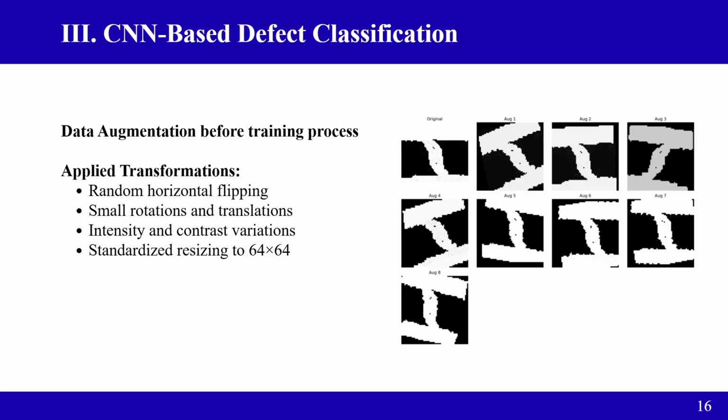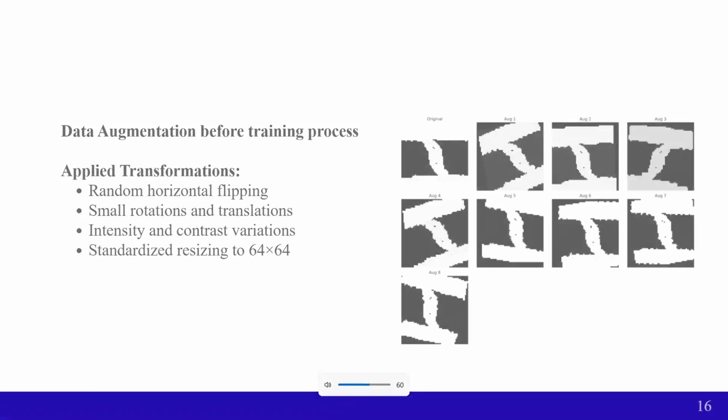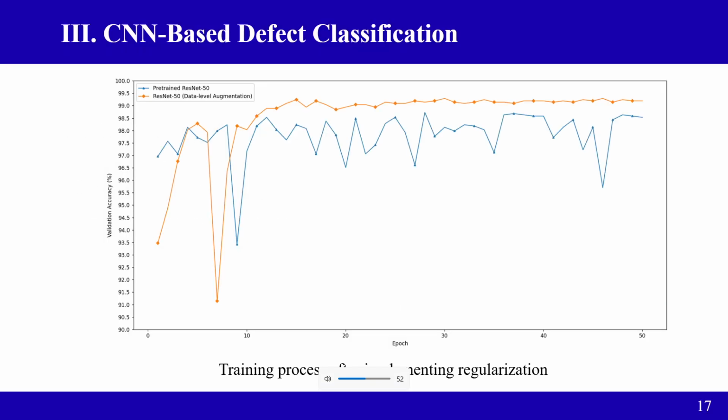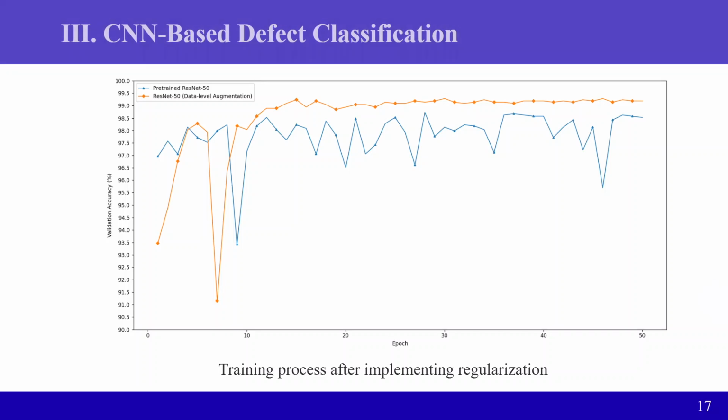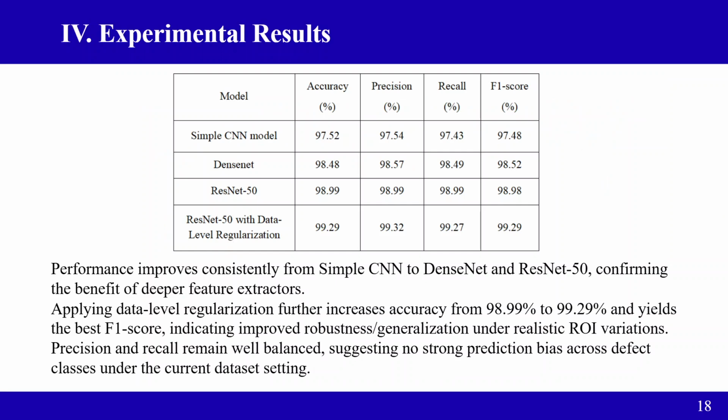We resize the inputs to 64 by 64. This helps the model perform better on unseen images. With these techniques, the training becomes more stable and validation performance improves, as you can see in the graph.